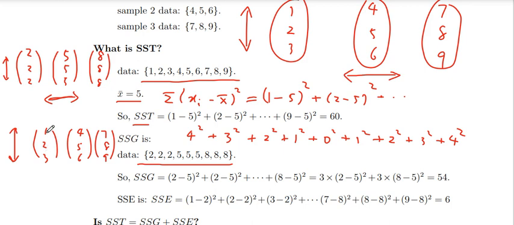So each one minus 2, squared: 1 minus 2, 2 minus 2, 3 minus 2, so just 1, 0, 1, right?